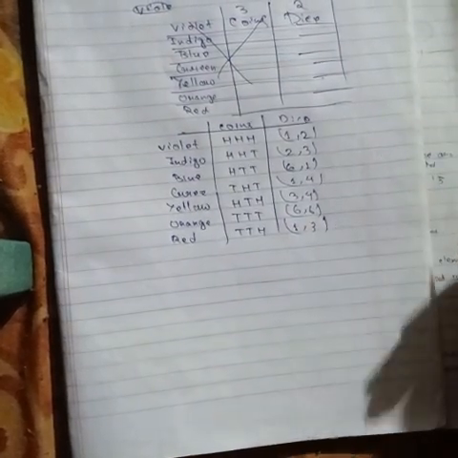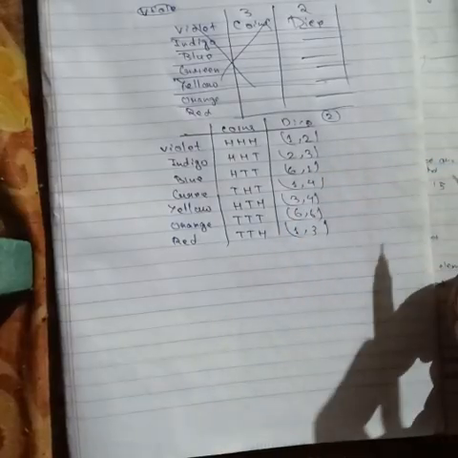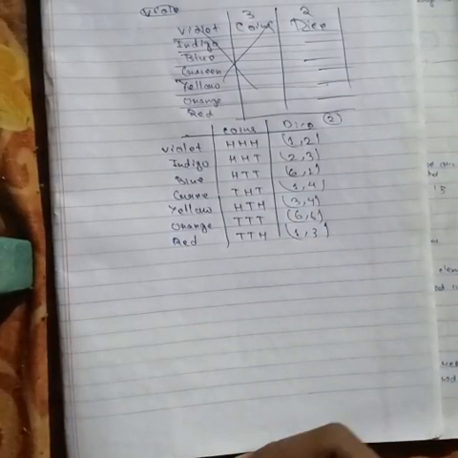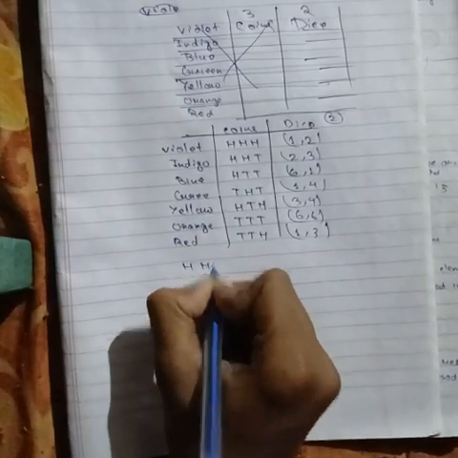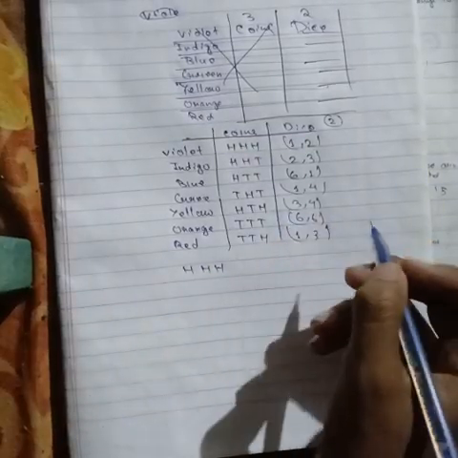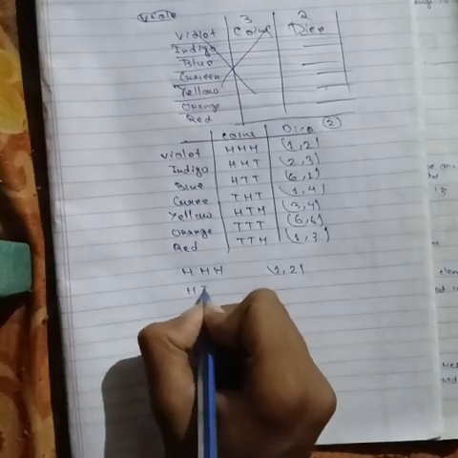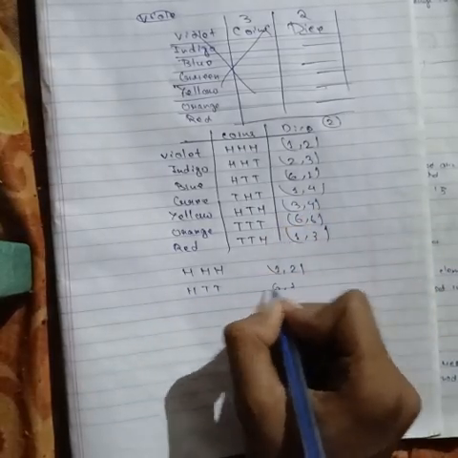You know that for 2 dice there are a total of 36 outcomes, and I have taken only 7 of these. So if someone asks you for the coin code for violet, you will give H H H. For the dice code you will give 1 comma 2. For blue you will give H T T, and for dice you will give 6 comma 1.